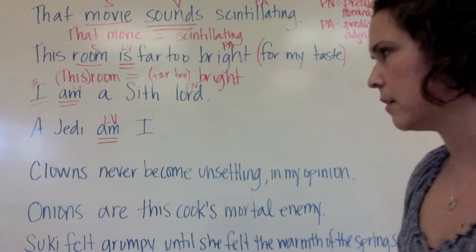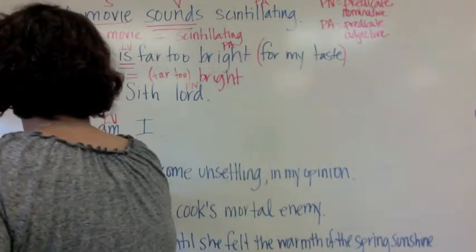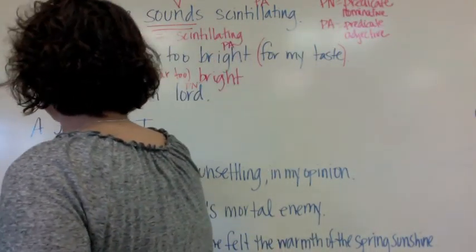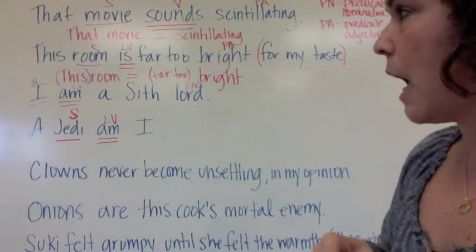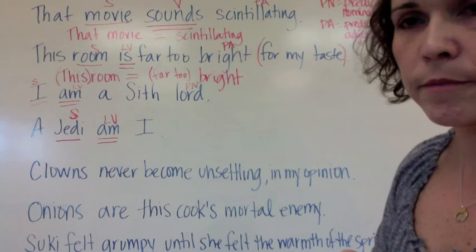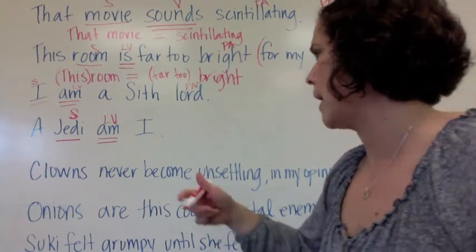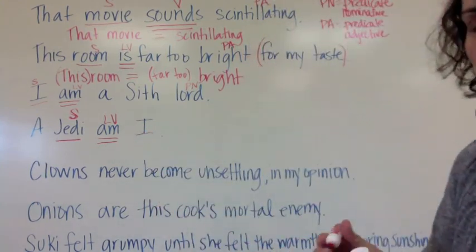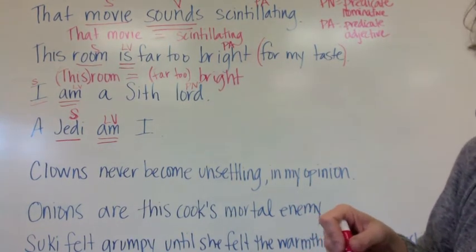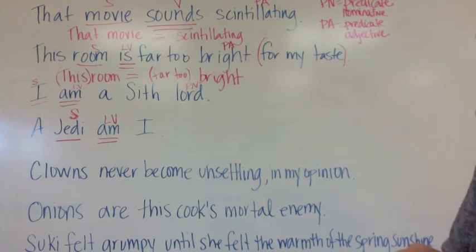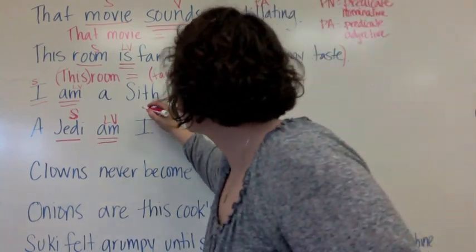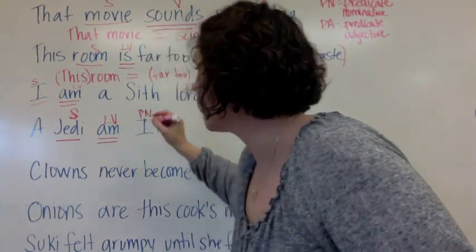The subject is the stuff that comes before, with very few exceptions. So here, Jedi is the subject. Jedi equals what? Equals I. Okay, so this is my subject complement. A Jedi am I. It's hard to say. So this is my question. Is that a predicate nominative or a predicate adjective? I is a pronoun. So this is a PN, a predicate nominative.